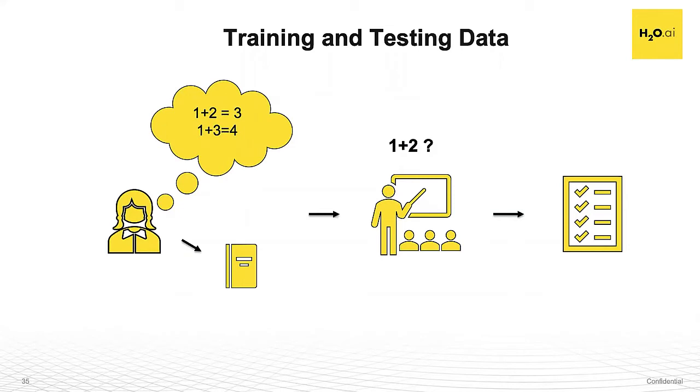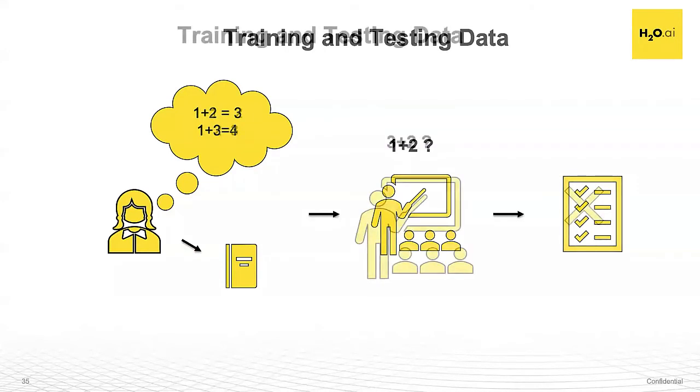And so the child goes to school and gets a test. In the test, the question that the child gets is similar to the one that the child had studied. And so the child is very confident and answers it: 1 + 2, yes, it's 3. And he gets good grades.